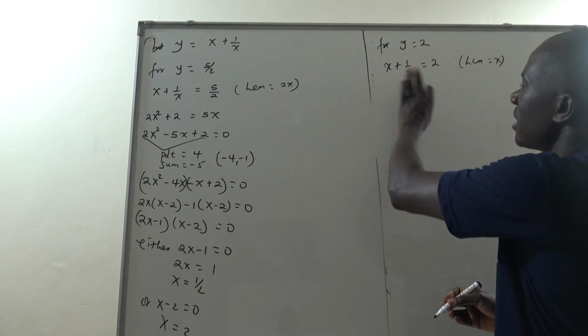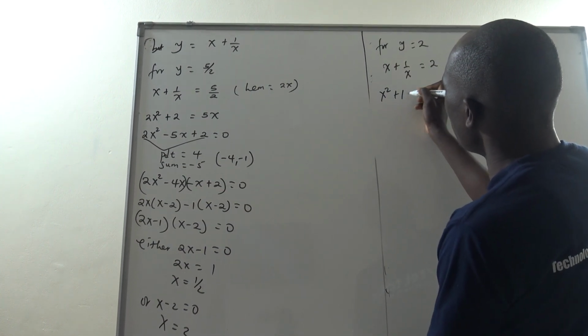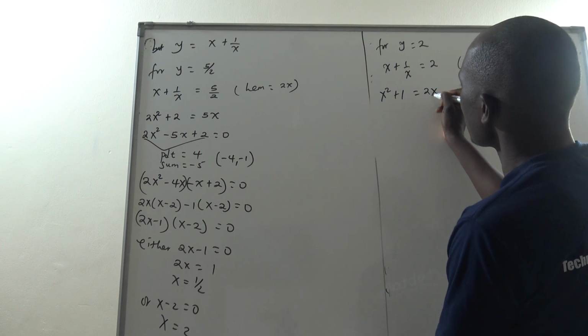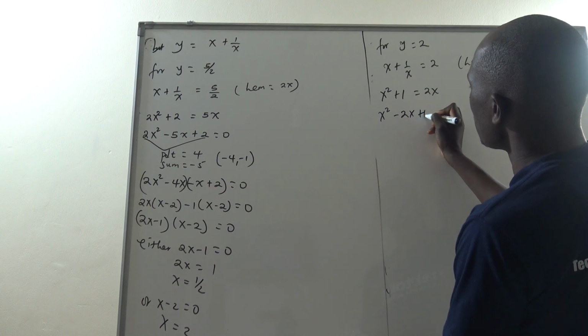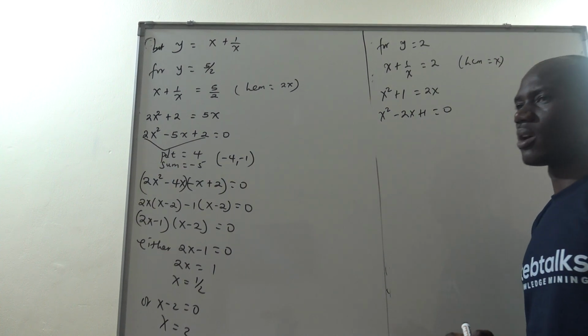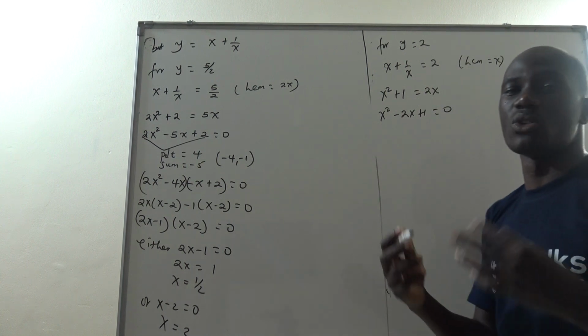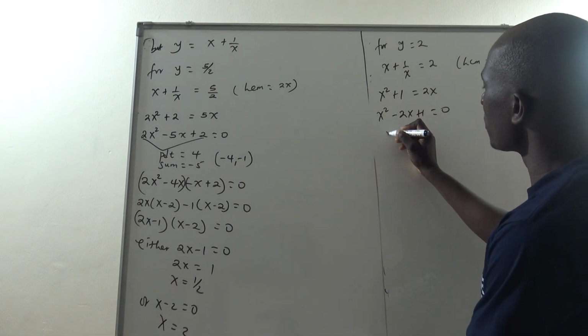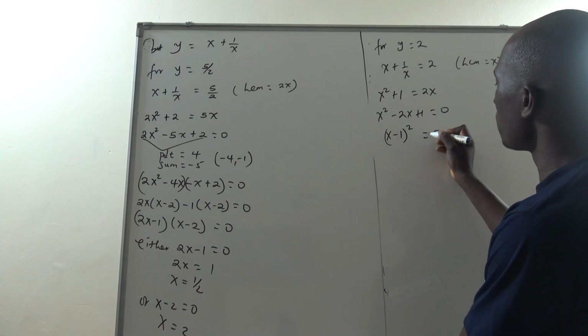Multiplying by x, we have x squared plus 1 equals 2x. So this is the same as x squared minus 2x plus 1 equals 0. You can see that this one is a perfect square. This is the same as x minus 1, the whole of it squared, equals 0.